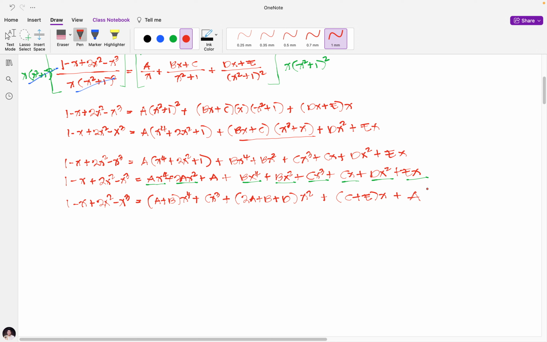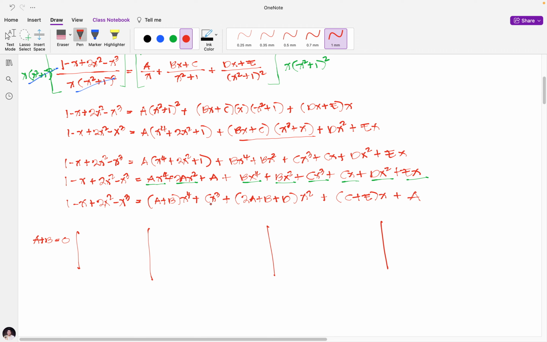So from that, we now have a correspondence. Apat yan, no? 1, 2, 3, 5 pala. So, 5. First is for the degree 4. Walang degree 4 dito, so that is just a plus b equals 0. Right?